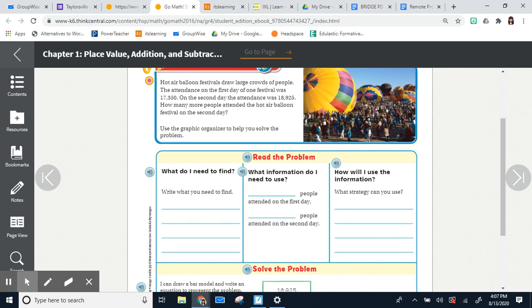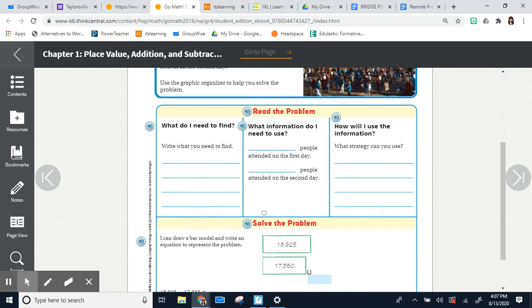If you were to fill out this chart here, it helps you to break down your problem. What do I need to find? What do we need to find? Well, the difference between day 1 and 2, right?